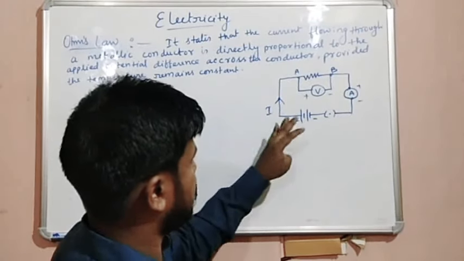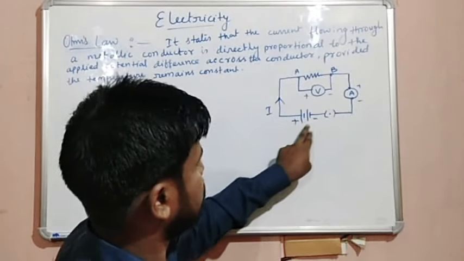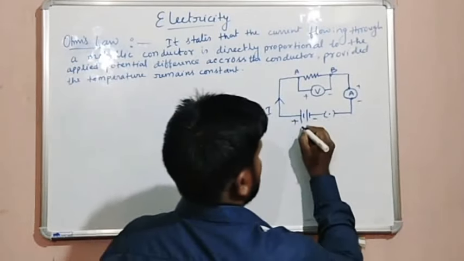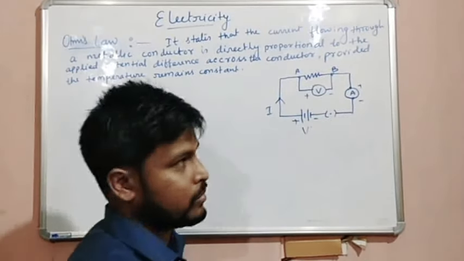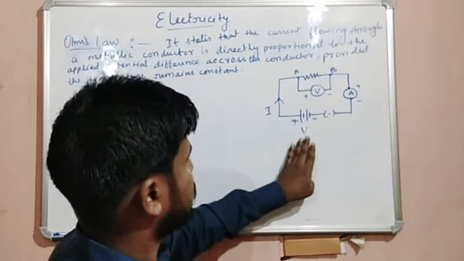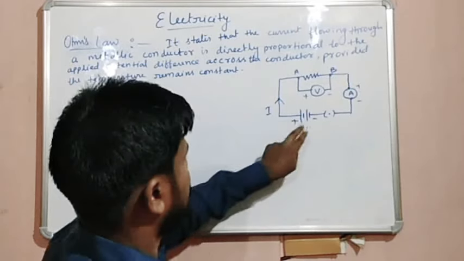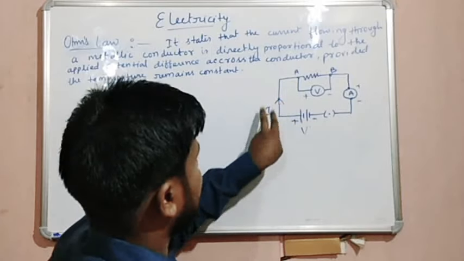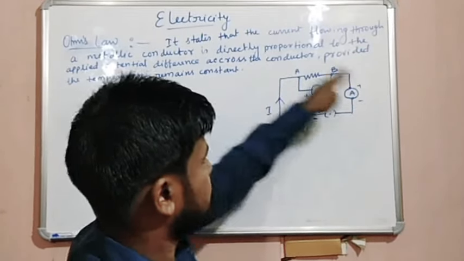I flow through this conductor due to the applied potential difference. Suppose the potential difference of this battery is V volt, 6 volt, 10 volt, 12 volt, whatever. So this is a V volt battery. From this battery a current I flows through the circuit like this.